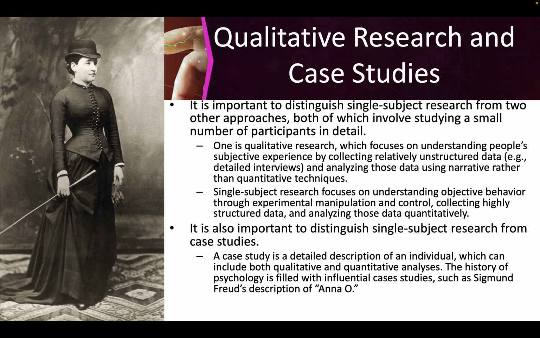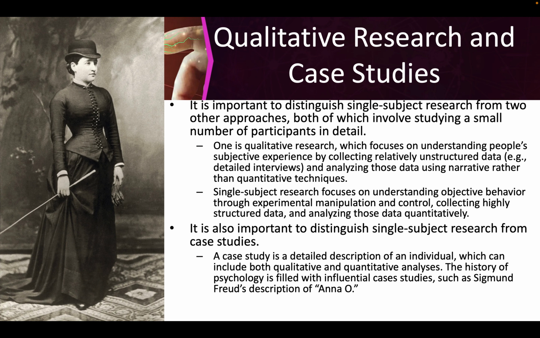Single subject research focuses on understanding objective behavior from experimental manipulation and control, collecting highly structured data, and analyzing those data quantitatively. It is also important to distinguish single subject research from case studies. A case study is a detailed description of an individual, which can include both qualitative and quantitative analyses.